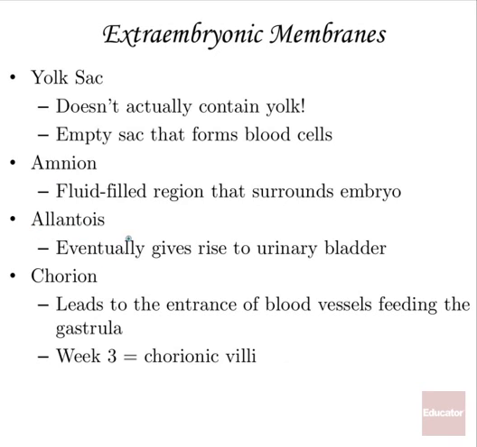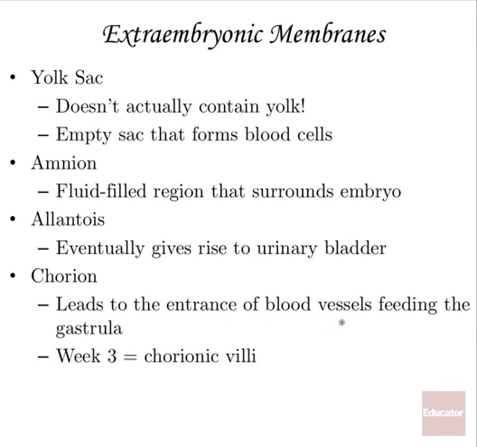The allantois is this little area that eventually gives rise to the urinary bladder. And parts of this have to do with the establishment of that connection for nourishment and gases to the mother. The chorion, you see this term chorionic villi associated with chorion.